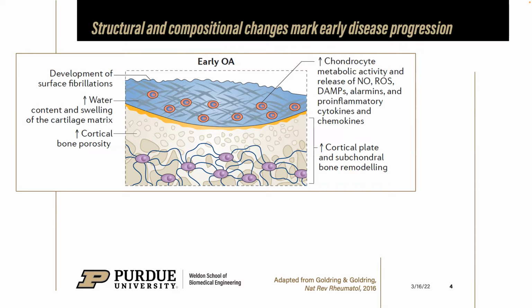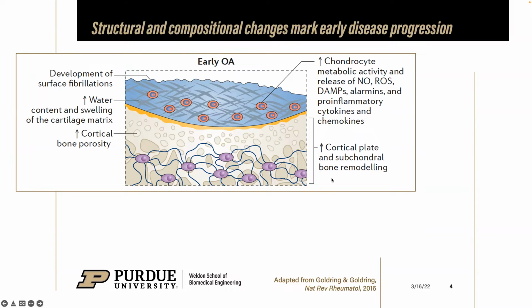In terms of the cartilage matrix, you see increased water content as well as swelling of the cartilage matrix. And usually this swelling isn't quite enough to be detected as a change in overall cartilage thickness, right? But some studies have shown that once you get to a disrupted enough extracellular matrix in the cartilage, you can actually detect some of this swelling. And I'll talk about that in a bit.